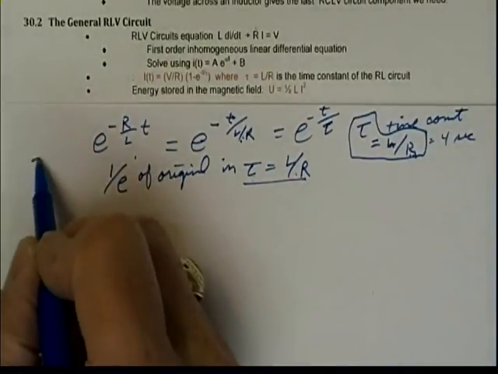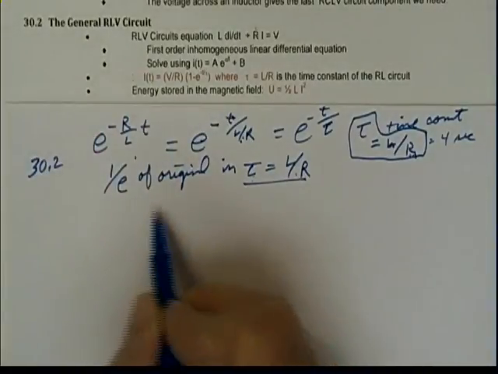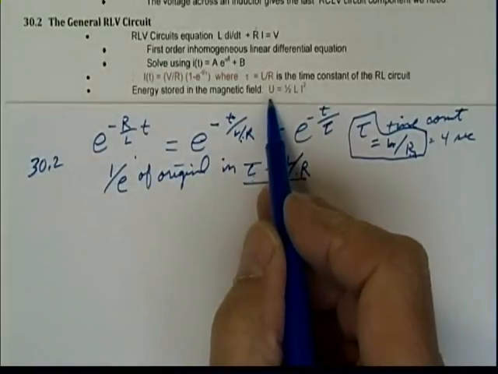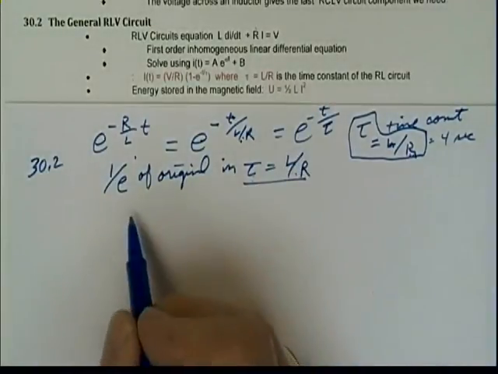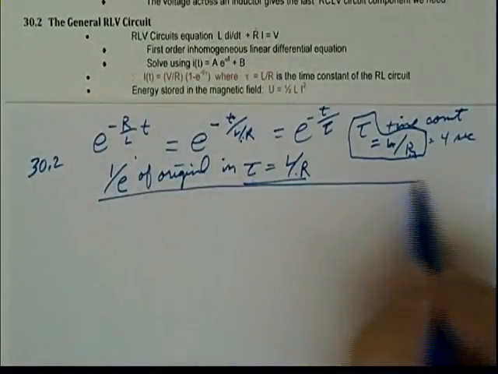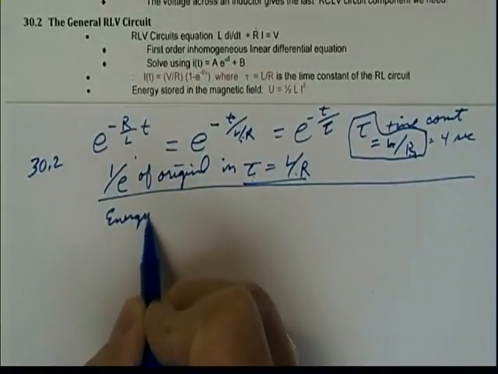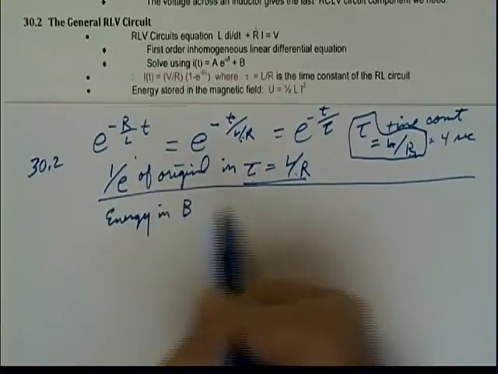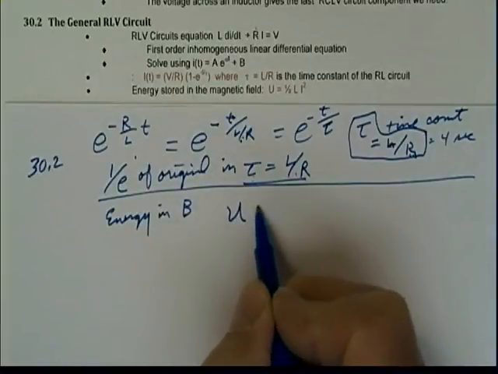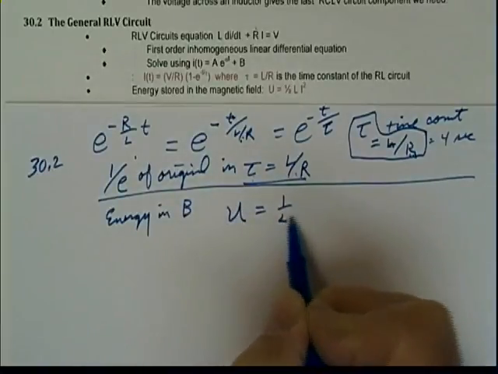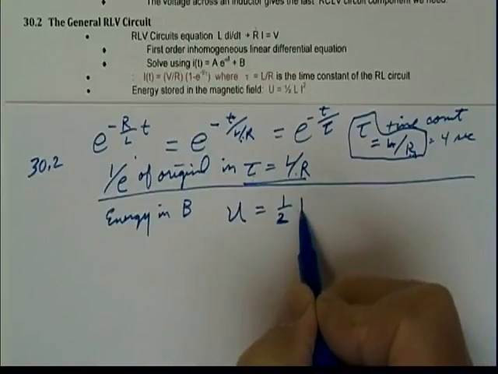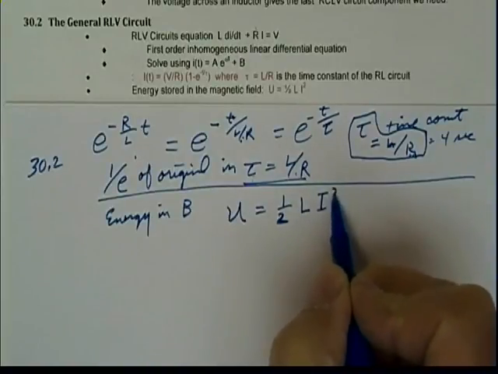Finally, finishing up section 30.2, we have an equation here for how much energy is stored in a magnetic field. Later on, this becomes very important. Energy in the magnetic field. That energy U is given by 1/2 of L times I squared.